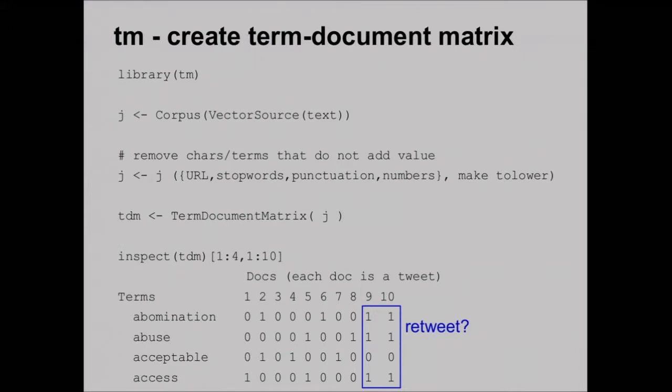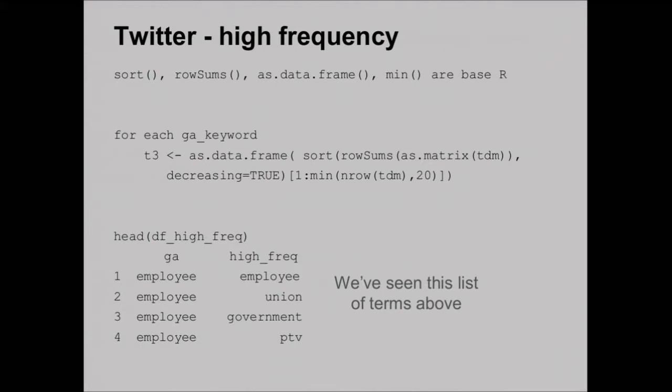So now we have all the words, again, 1 TDM for each of the Google keywords. The next one here is fairly simple. We basically just calculate the top frequency words. As simple as we do here, we take the TDM, convert it over into a matrix, and then we do a row sum.